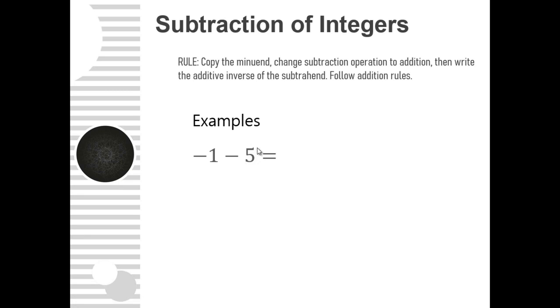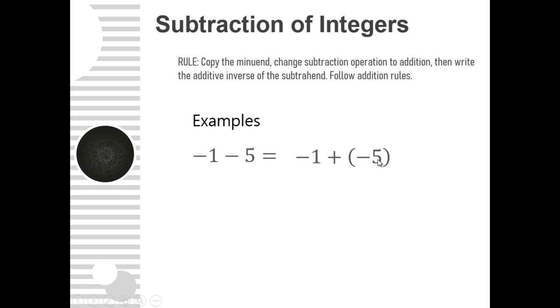Now, what you'll do is copy the minuend, negative 1. Change the subtraction operation to plus. Then 5 becomes negative 5. Why? Because you have to write the additive inverse of the subtrahend.